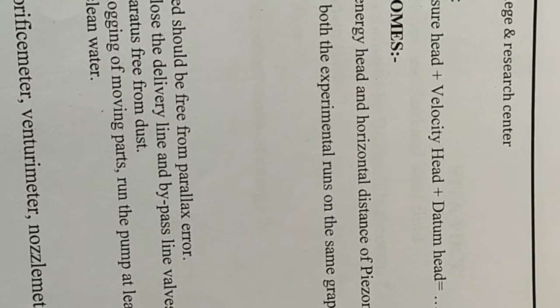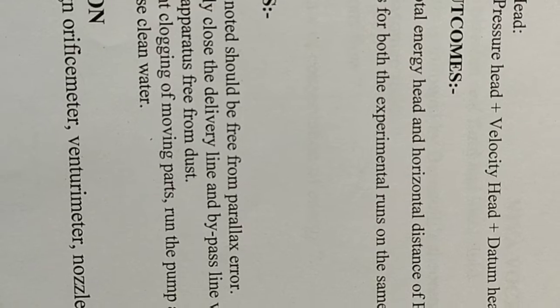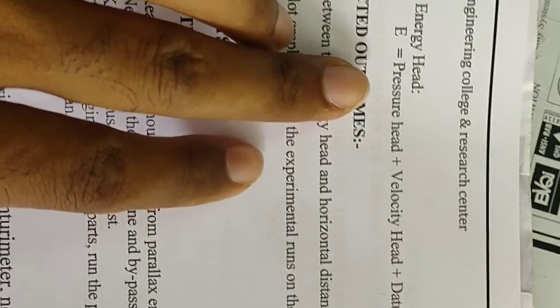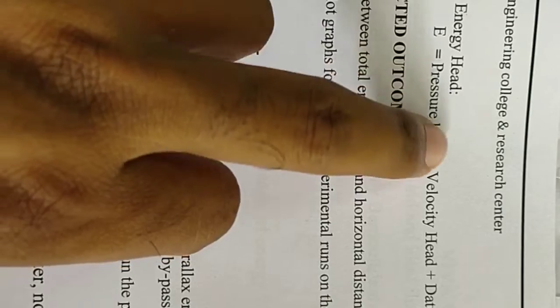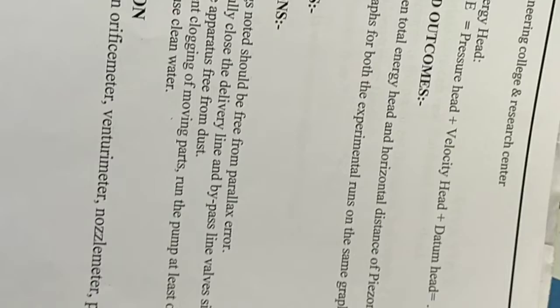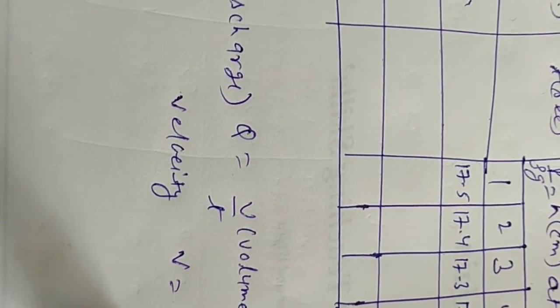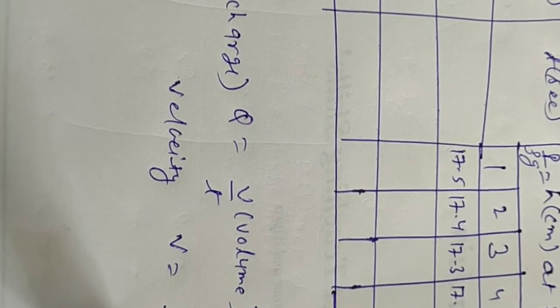Now we find the total energy at each and every section where the piezometer is attached. For the first tube we calculate the pressure head, the reading H, the rise in water level in the piezometer tube. Second, we calculate the velocity head, with V equal to Q by the area of the particular duct.